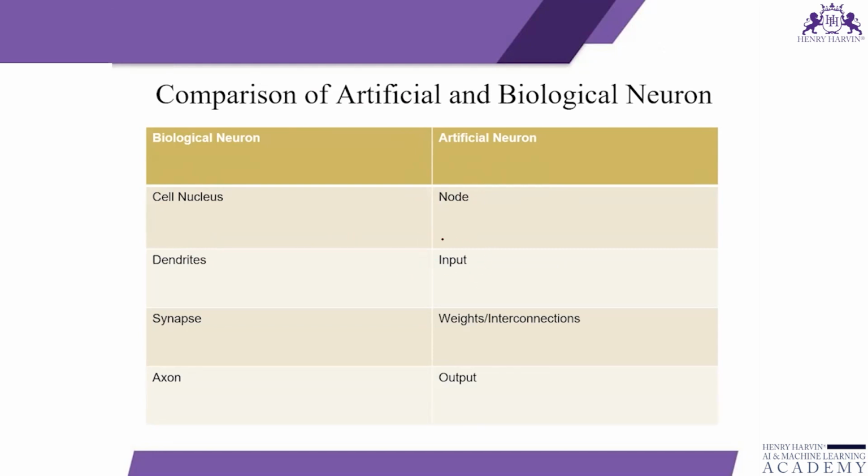Whatever we study about input in an artificial neuron, the same function is performed by dendrites in a biological neuron. And the synapse in a biological neuron corresponds to the interactions (weights) in an artificial neuron. Whatever is being done by the output, the same thing is performed by the axon in the biological neuron.